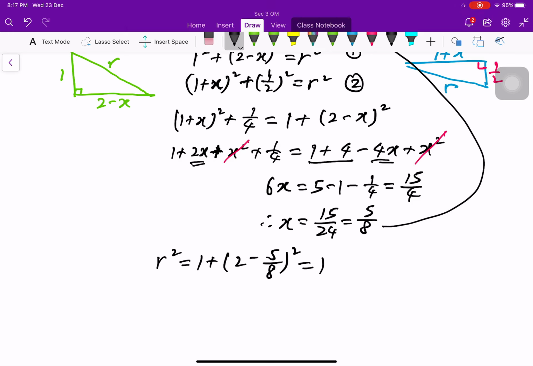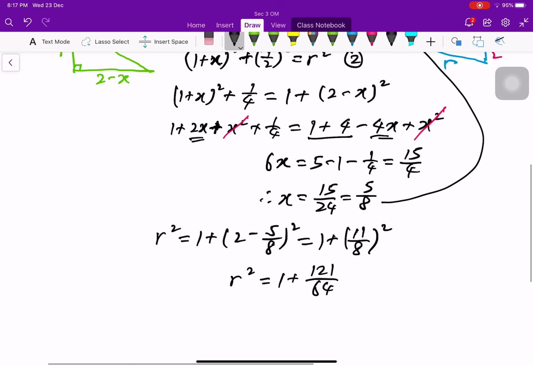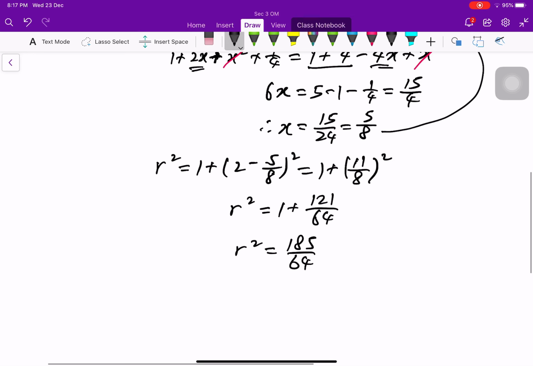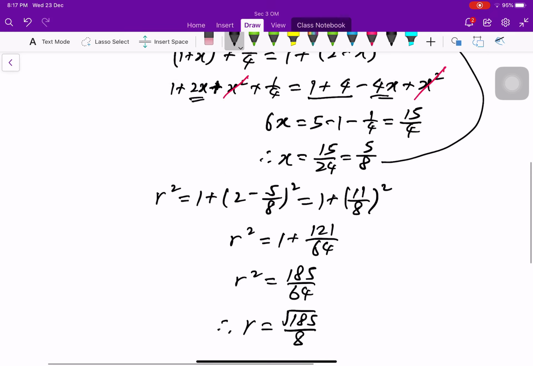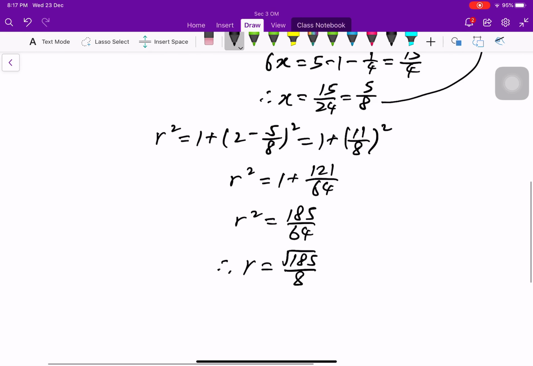That will be 1 plus (11 over 8) squared. Therefore R squared is 1 plus 121 over 64, which is 185 over 64. Your R will be square root of 185 over 8. That would be the radius of the circle. Therefore the answer is E.